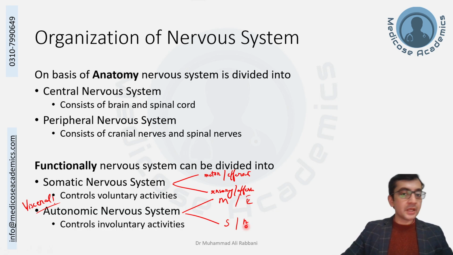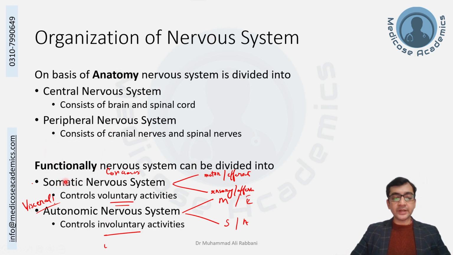The somatic is under voluntary control, or conscious perception and conscious control. These are involuntary in nature. Let me tell you by example.